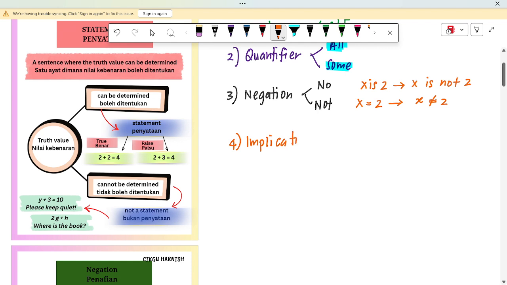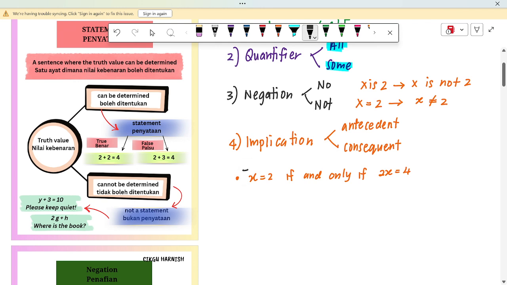For implication, first we need to know it has an antecedent and a consequent. An example of implication will be x equals 2 if and only if 2x equals 4.